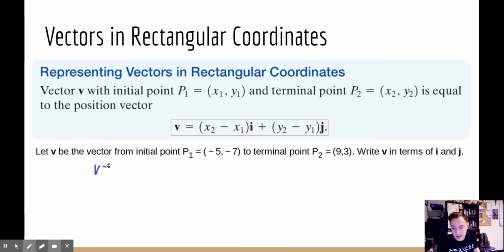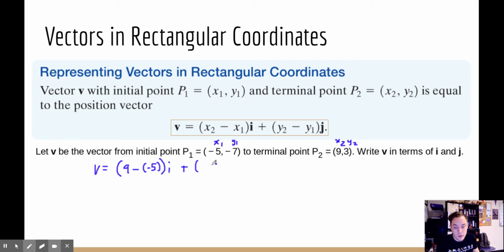If I want to find this position vector v, all I have to do, let's just say, is take this is x2, this is x1, this is y1, and this is y2. I take 9 minus -5, and this is i.